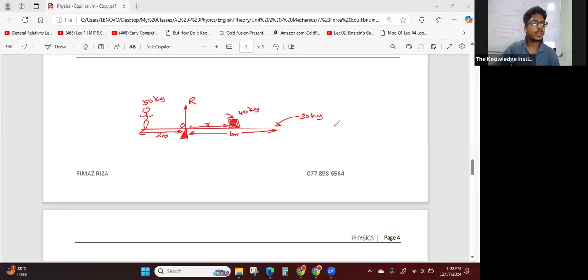If you got the answer, you can share. The plank is uniform and has a mass of 30 kilogram. Okay, I got an answer from Hirosh.